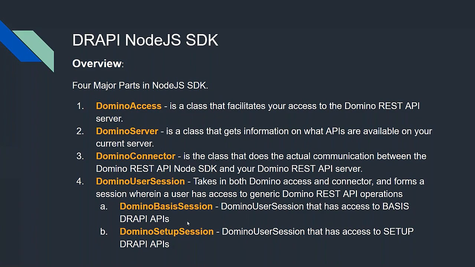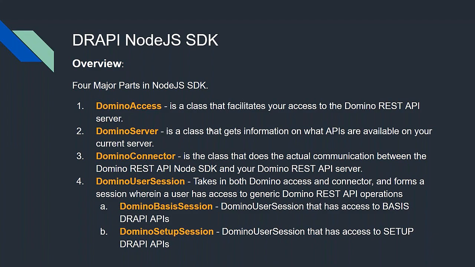It has 2 special sessions. As of now, we have Domino basis session, which is pretty much the session for basis operations. Also the Domino setup session, which will just point to the setup operations.